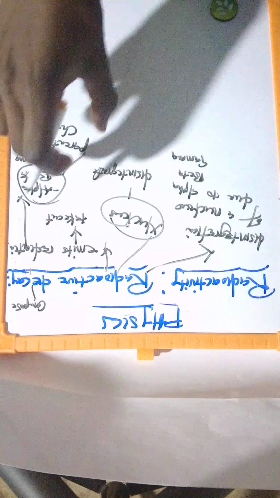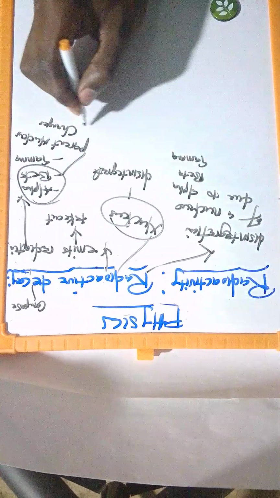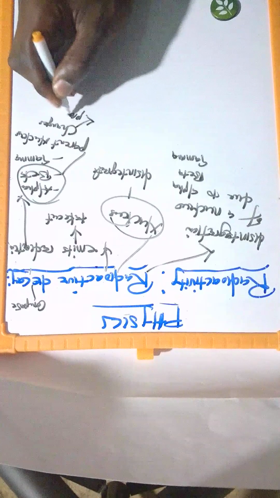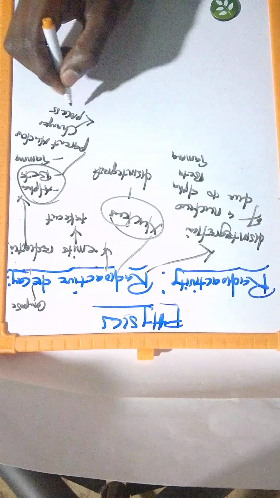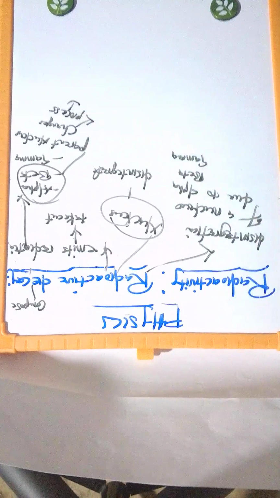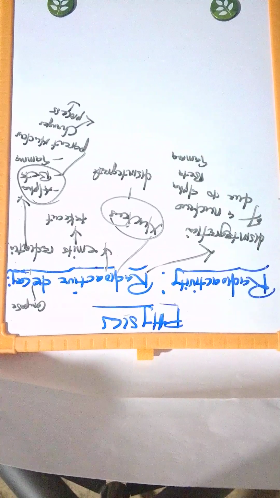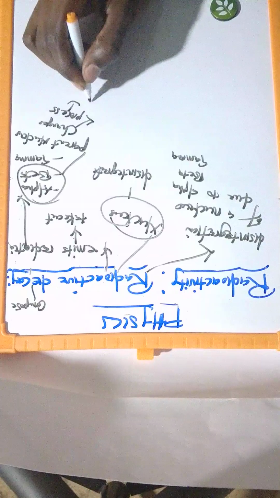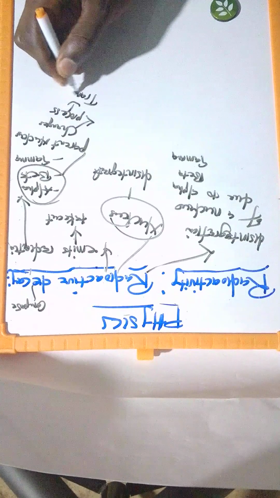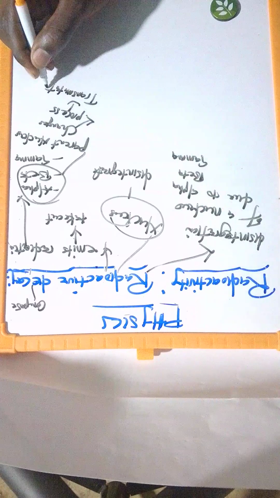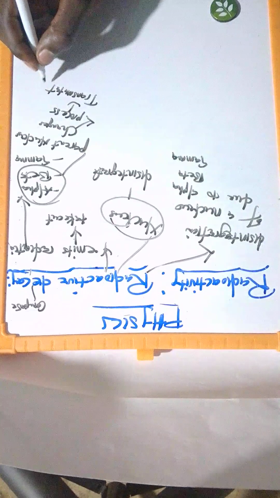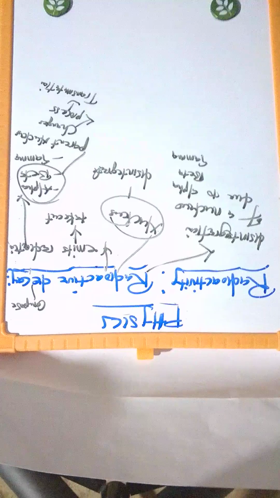The process by which this parent nucleus changes is called transmutation. Okay, so this is what we are looking at.